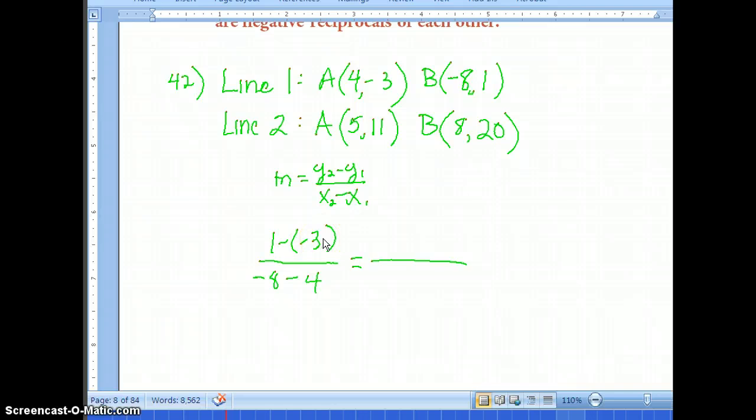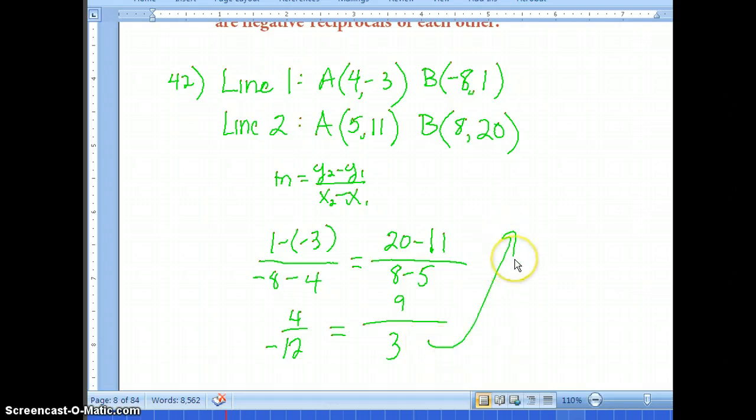And when you add the opposite, you end up with 4 over 12. I'm sorry, 4 over negative 12. Now on the right-hand side, we're going to do line 2. So that's going to be 20 minus 11 over 8 minus 5. And that's going to reduce to 9 over 3.